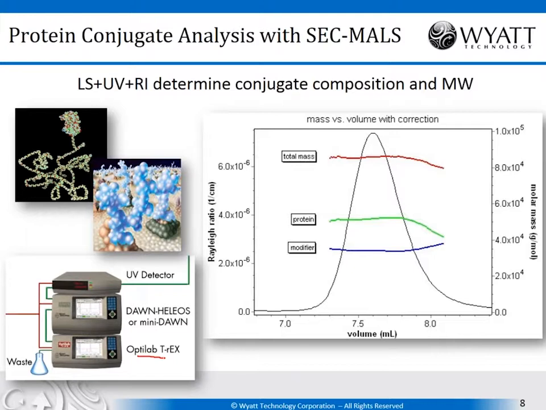It's a universal concentration detector. So between the two of them, we can determine the concentration at each elution volume of protein and of the modifier. Combining that with the light scattering information from the DAWN or mini-DAWN, we can then determine the molecular weight of each of those components. And so here we see across the peak the protein molecular weight, the modifier molecular weight, and the total molecular weight of this species.